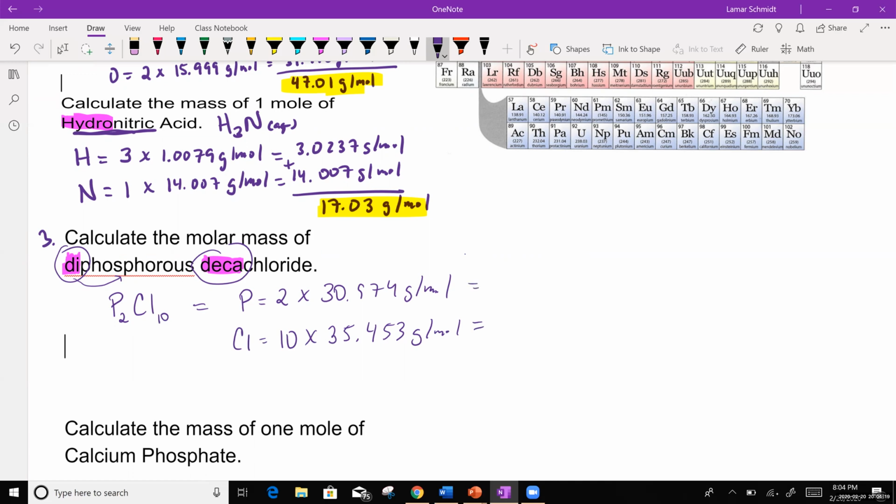And if you do, you should get something like 61.948 grams per mole. And you should get something like 354.53 grams per mole here. So we add those up.